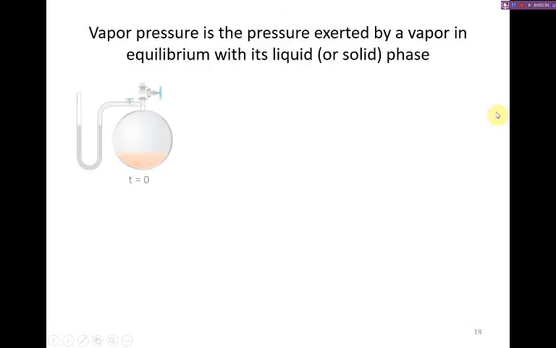So, vapor pressure. Vapor pressure is where we have vapor, which is the gaseous form of a liquid that has evaporated, and it's in equilibrium with the liquid or solid phase. So let's say that we start with a flask of liquid and there's no air or gases up above it.